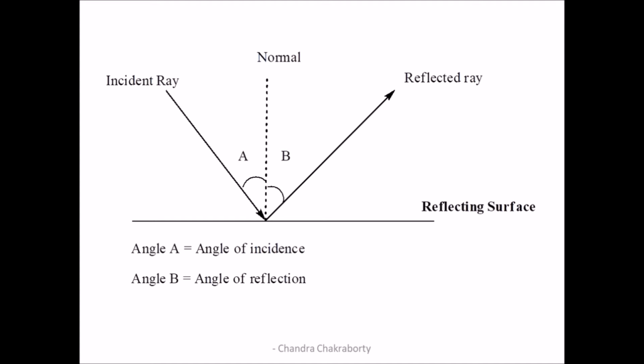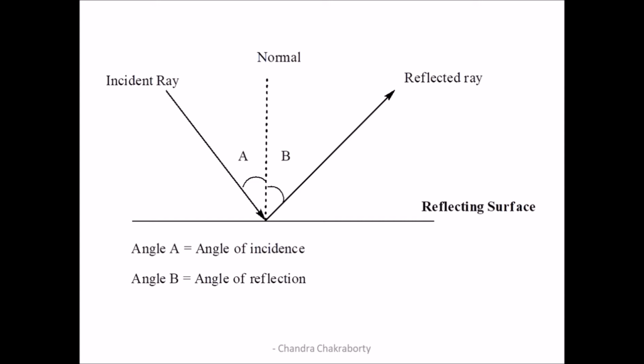The ray of light that gets reflected back by the reflecting surface is called the reflected ray. There is a line called the normal, perpendicular to the reflecting surface. There's angle A and angle B. Angle A is called the angle of incidence and angle B is called the angle of reflection.